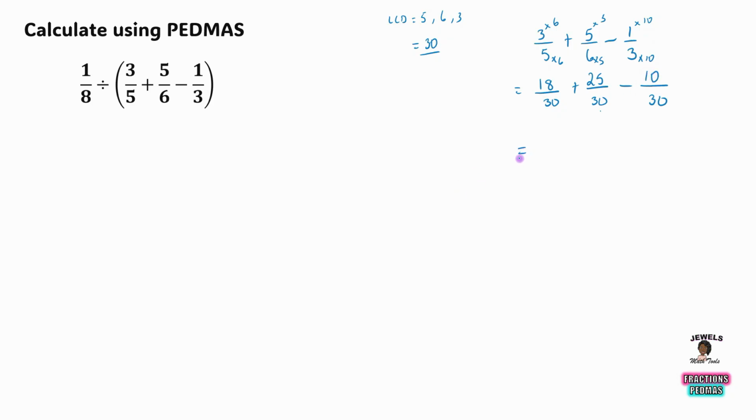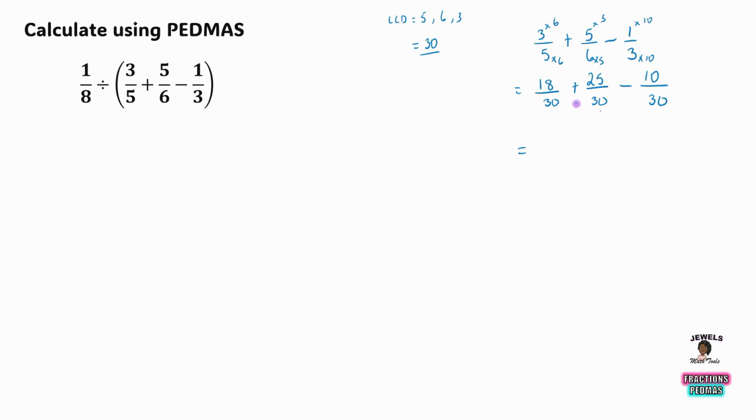Now that all of my fractions are converted to their equivalent form, remember we are still applying our rules for PEMDAS. Depending on who taught you your operations, you may think that you can work the subtraction first and then add, but remember that PEMDAS tells us that with addition and subtraction, same thing with multiplication and division, we always work from left to right.